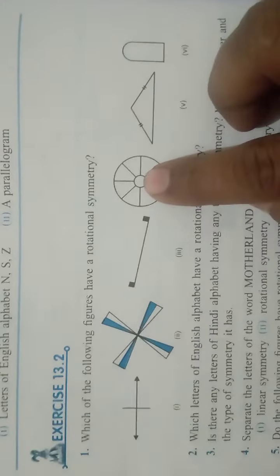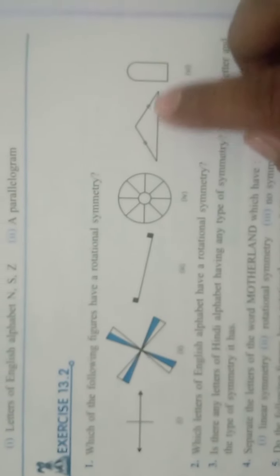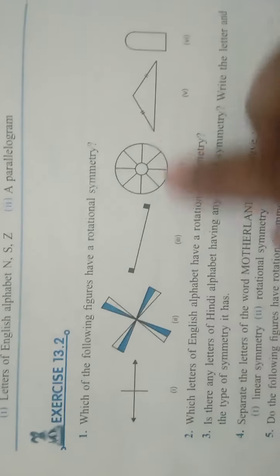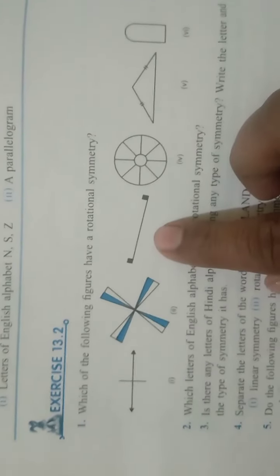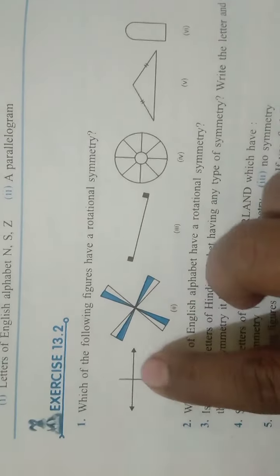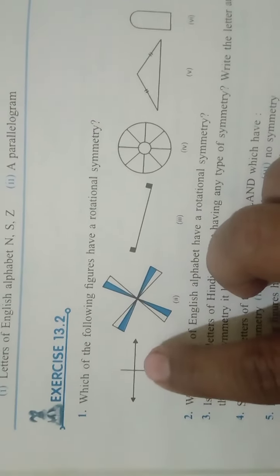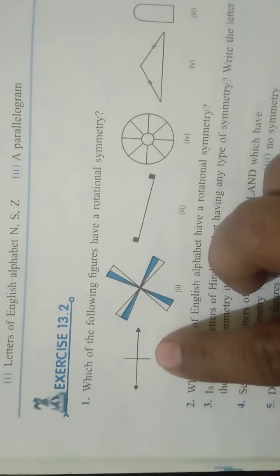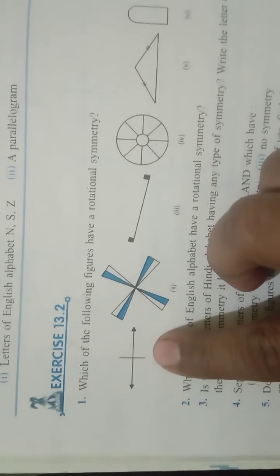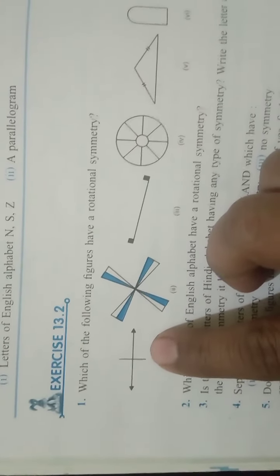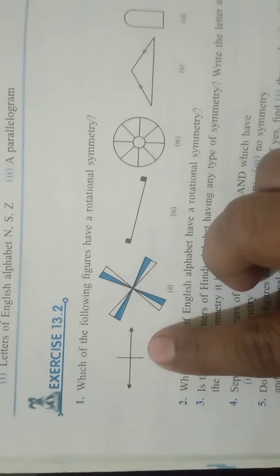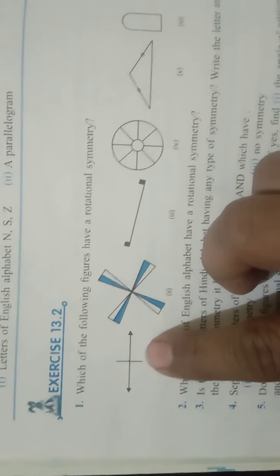In this figure it is here, and the midpoint of this part, and this part, where I told you these are called the center of rotation. If we rotate figure number 1, after a certain degree of movement it will take its original position. So this is called rotational symmetry.